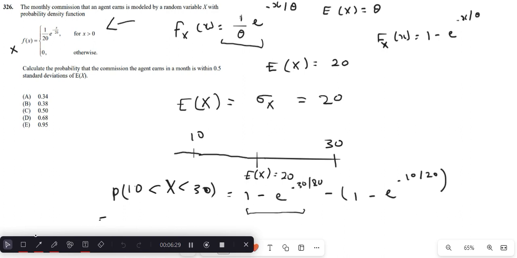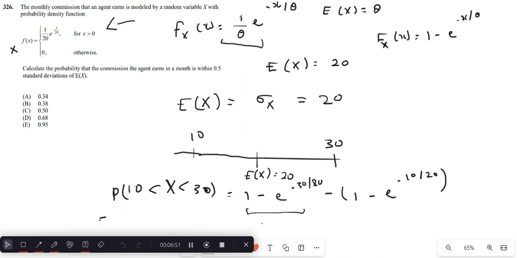Putting this in my TI-30XS MultiView calculator, in my opinion one of the very best calculators for this exam, I'm left with a value of 0.3834005.